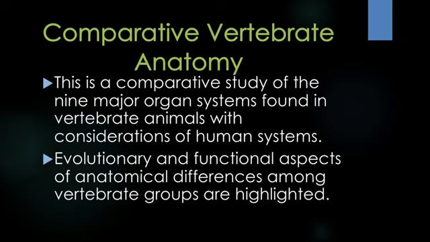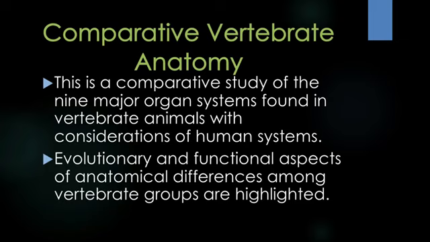Because the muscular system and the skeletal system are closely related, some refer to both as one system, the musculoskeletal system. We must not forget the digestive system, respiratory system, excretory system, the circulatory system, reproductive system, nervous system, and endocrine systems.